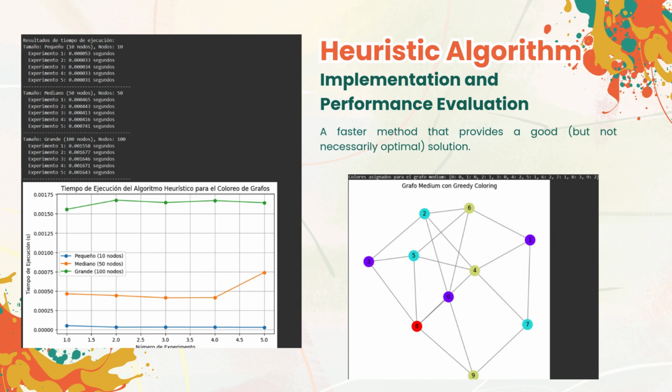On the left, the execution times indicate that this method scales well as the graph size increases. Additionally, the bottom chart reinforces this idea, showing significantly lower execution times compared to more expensive methods. This approach is useful when working with exact solutions is too costly in terms of time and computational resources.